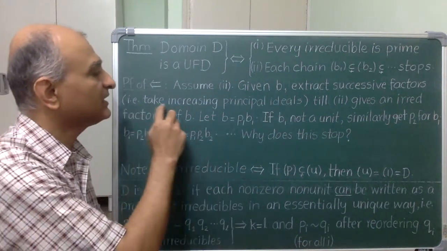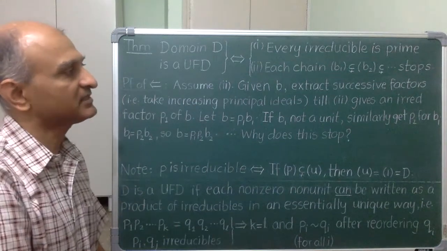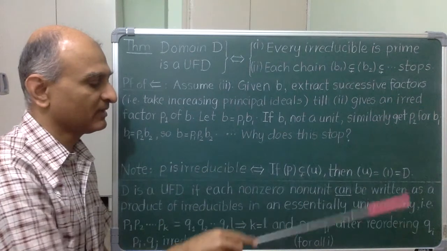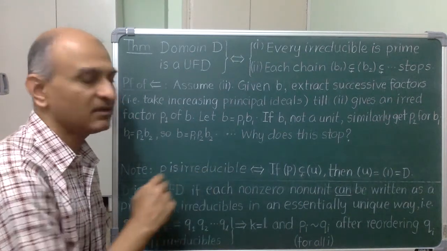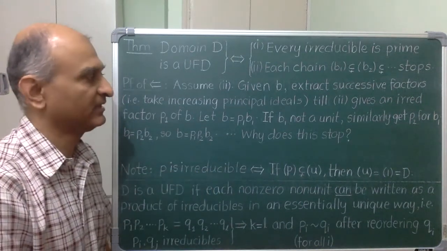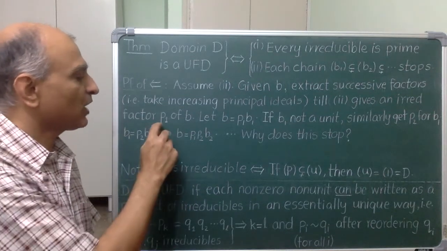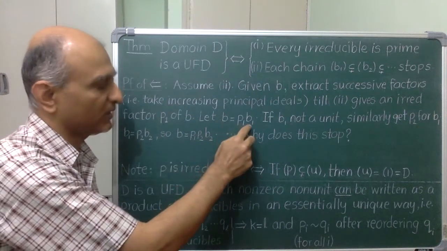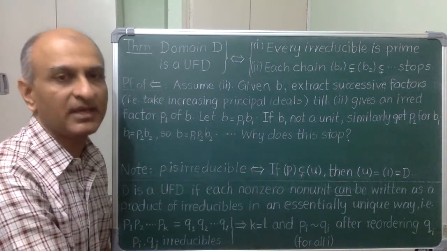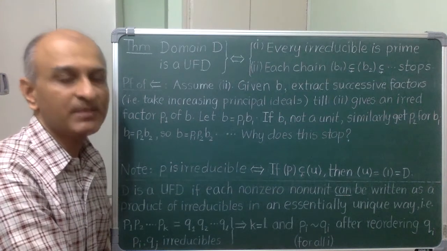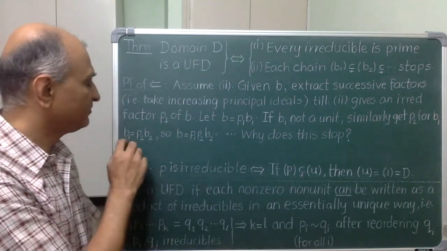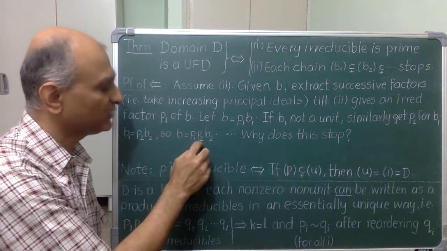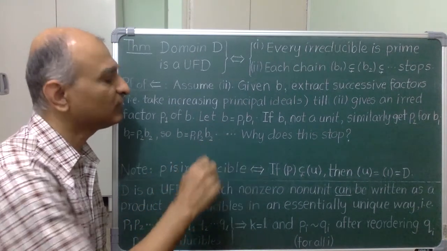That means I am taking an increasing chain of principal ideals and I go as far as I can until it terminates. That just means that at the end I have obtained an irreducible element, which is a factor of B. So I have a factor P1 of B. Now I write B as P1 B1. If B1 is a unit, then I am done. Otherwise, I do the same procedure with B1 and write B1 as P2 B2. So B is P1 times P2 times B2, and I can continue like this.